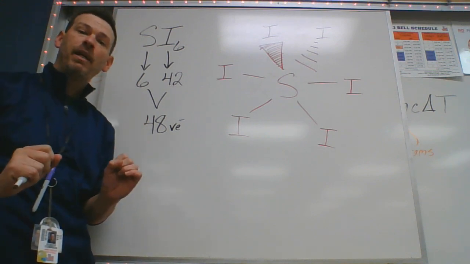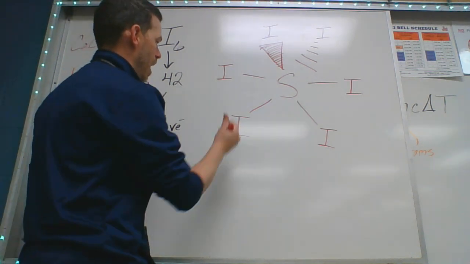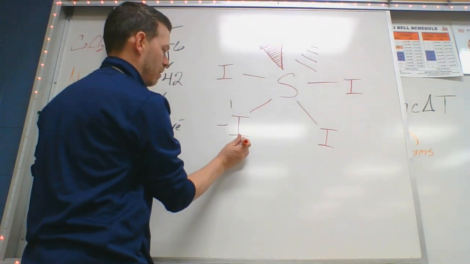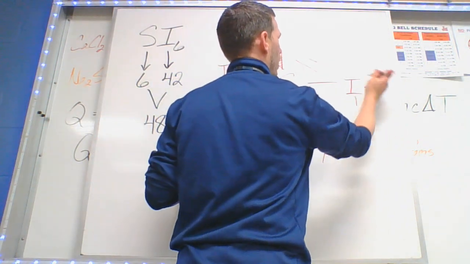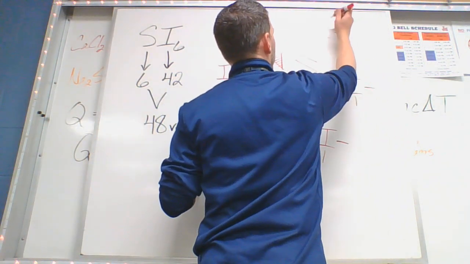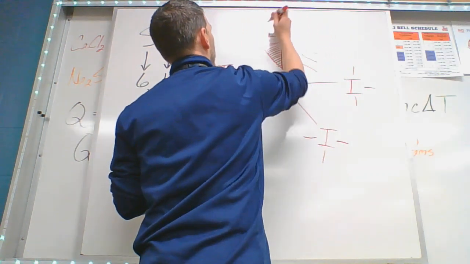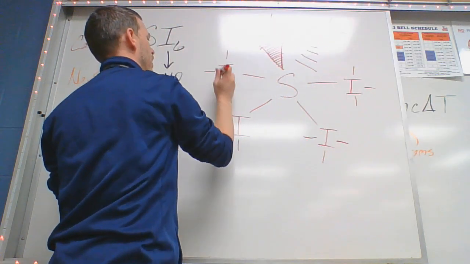I'm going to shorthand it because I'm a terribly lazy teacher. But these are lone pairs that I'm adding. Unbonded is lone pairs.